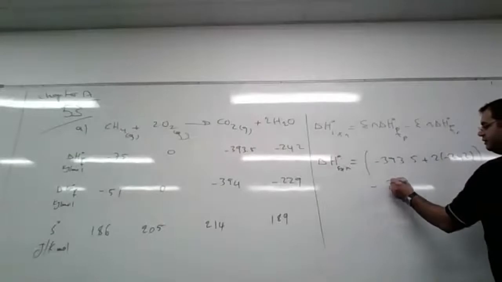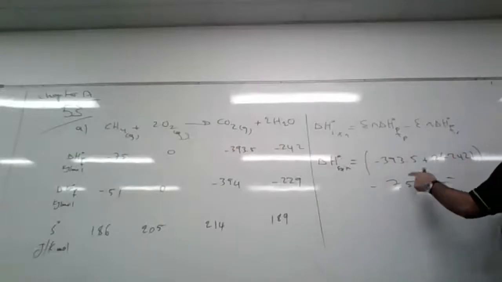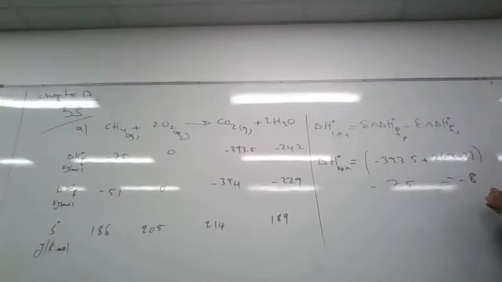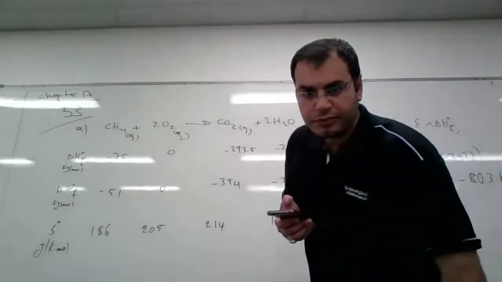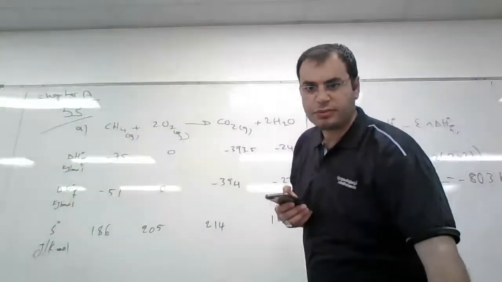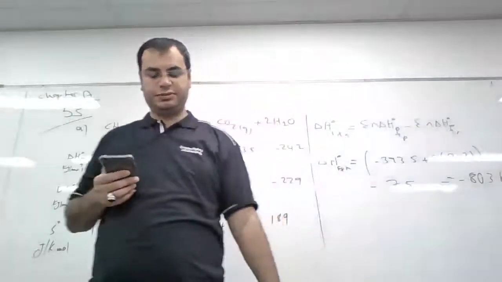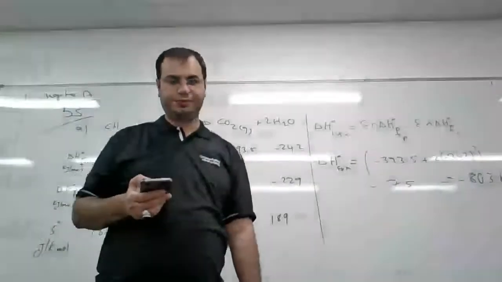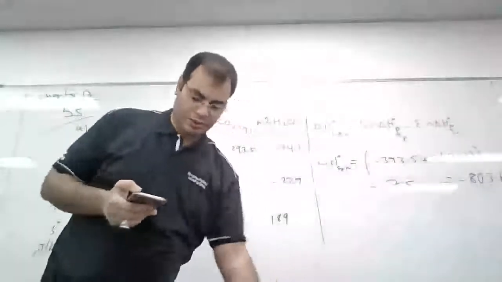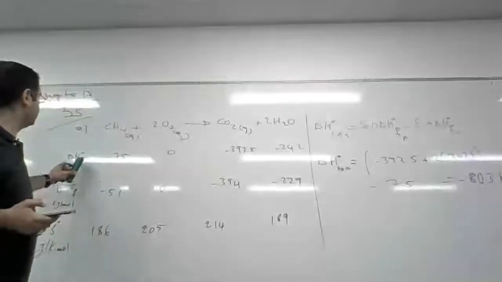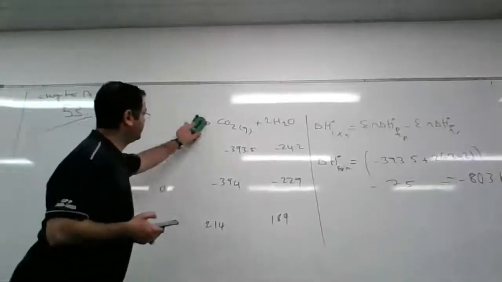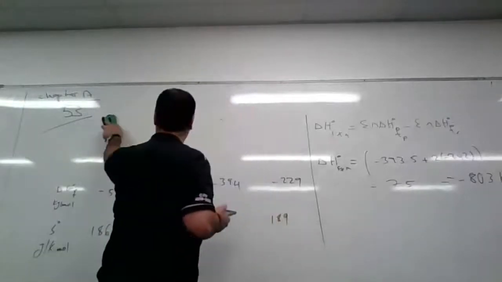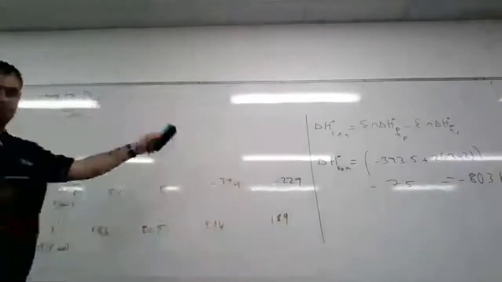In here, minus 75, minus 800.3 kilojoules. Let's move on now. Copy these numbers so I can solve with you as well.